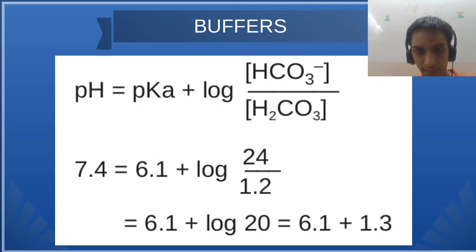At this juncture, I would suggest you learn the values of log 0 to log 10, those basic values, so that you can solve any situation involving logs. Anyway, the sum of this is 7.4. That means this buffer becomes effective at 7.4 pH.